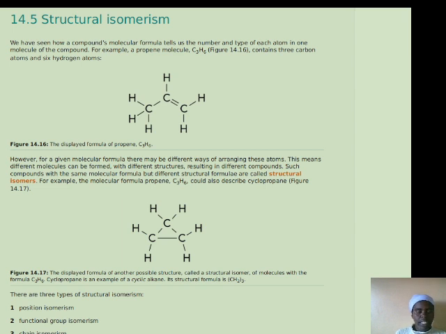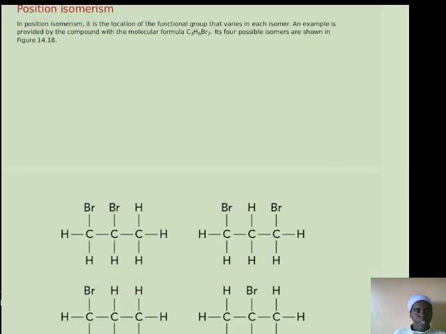So this is an example of a cyclic structure, which is a structural isomer. There are 3 types of structural isomerism: positional isomerism, functional group isomerism, and chain isomerism. In position isomerism, it is the location of the functional group that varies in each isomer.